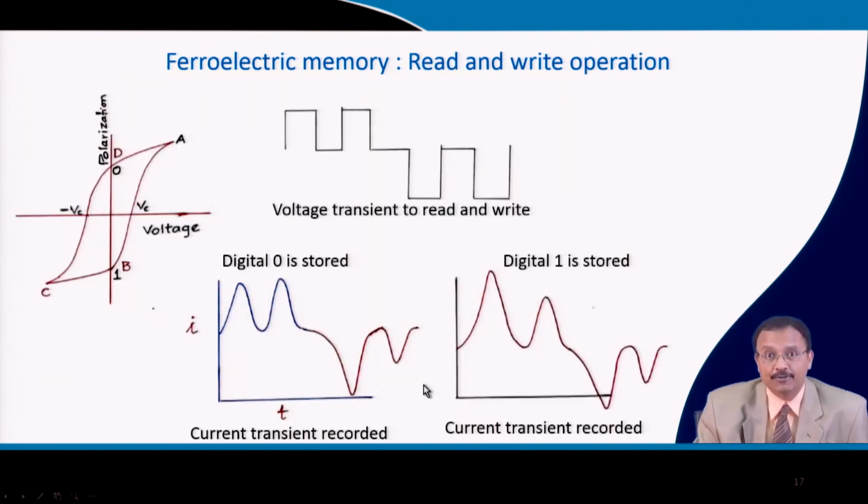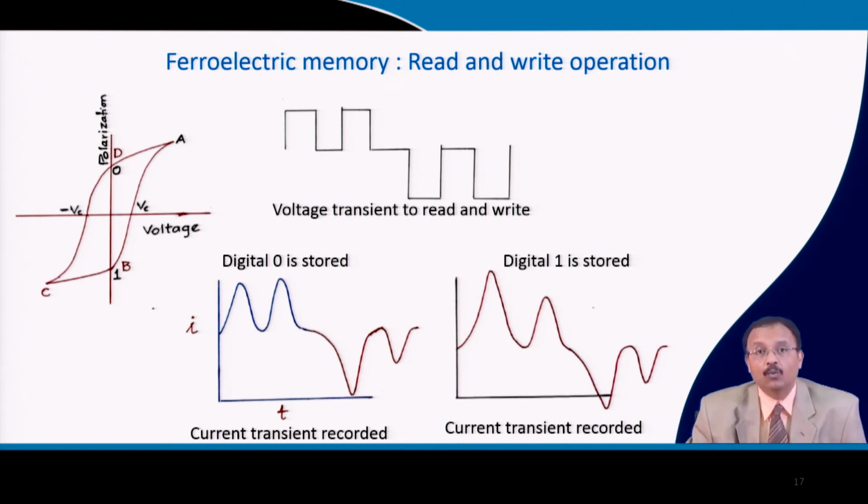It is very interesting to know how a digital 0 and digital 1 is stored in the material, which I will come to later, but more importantly, what exactly is stored, whether it is a digital 0 or 1, can be identified by applying this kind of voltage transient.